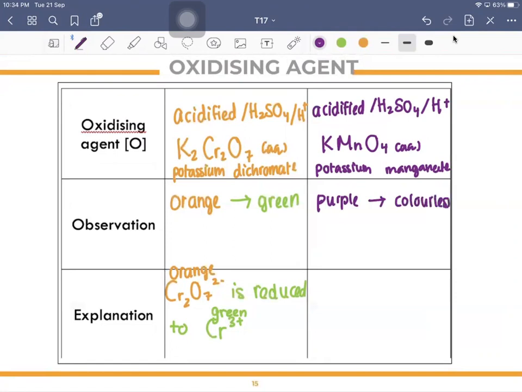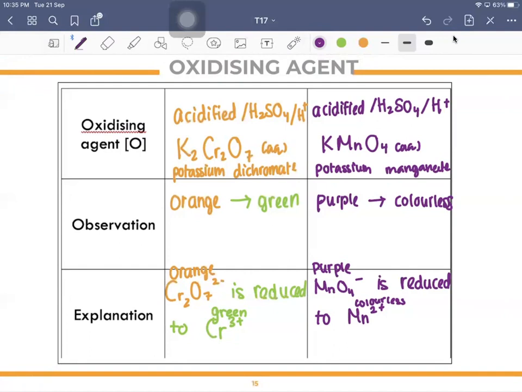The explanation is that the manganate ion, MnO4 minus, which is responsible for the purple color, is reduced to Mn2 plus, which is colorless. The purple color is not from the alcohol. It comes from the MnO4 ion, the manganate ions.